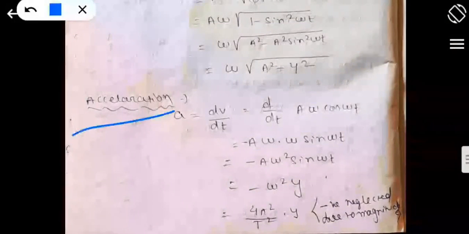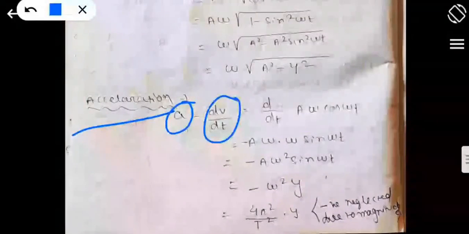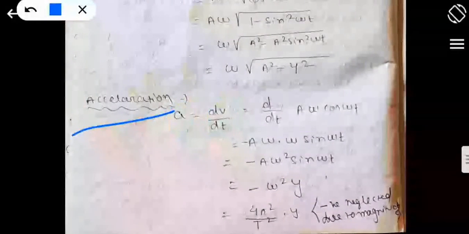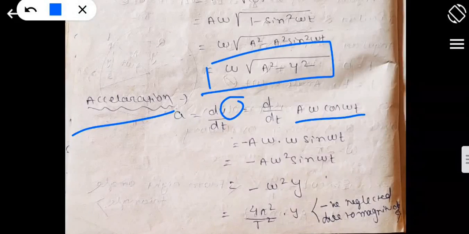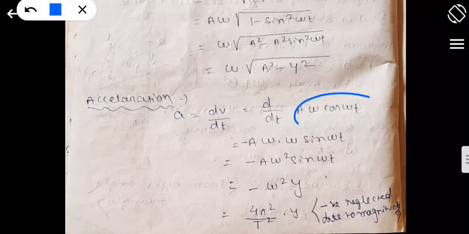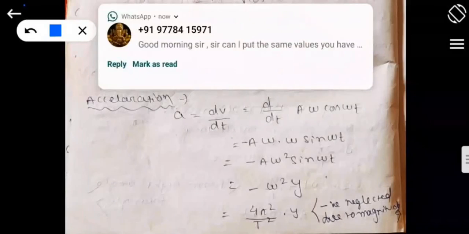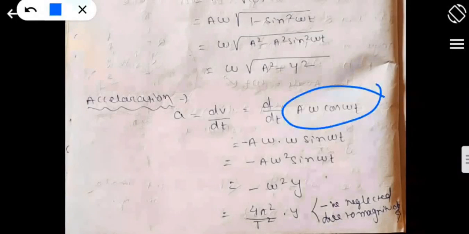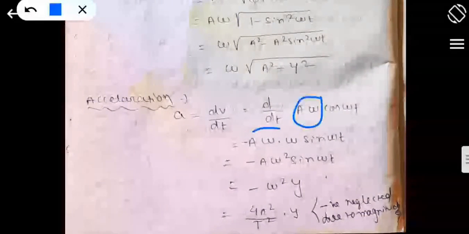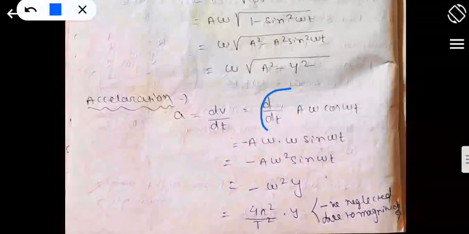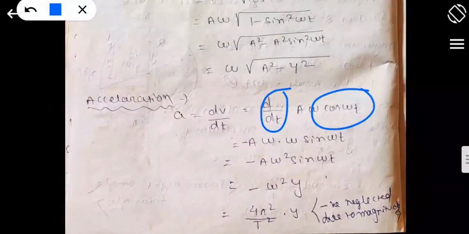Acceleration is dv upon dt. Last class we found out the velocity. Velocity is a omega cos omega t. So if I place it here, d by dt of a omega cos omega t, then if I take a omega outside, the differentiation of cos omega t is minus sine omega t.